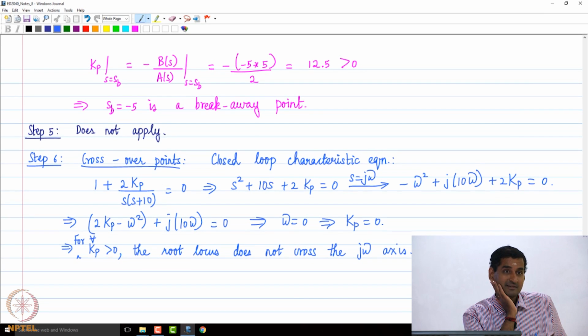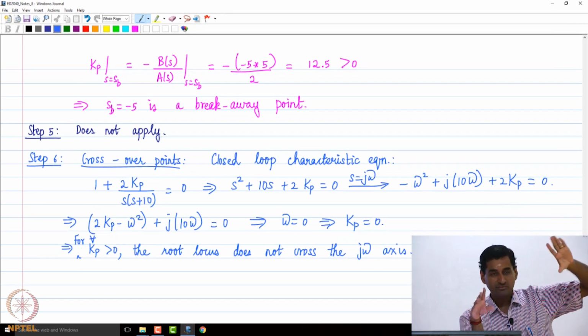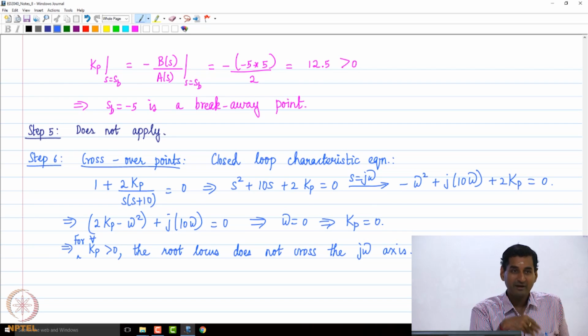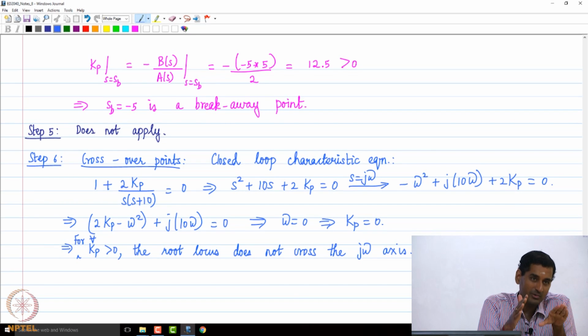We considered another example with open loop poles at ±j. It was not a crossover point, but the two branches started on the imaginary axis. You are correct, but what I am adding is that this only says that 0 is not a crossover point. It does not exclude the fact that we can have crossover points on the imaginary axis. Okay?